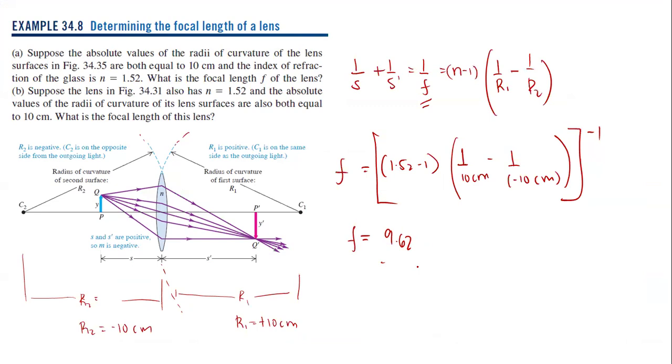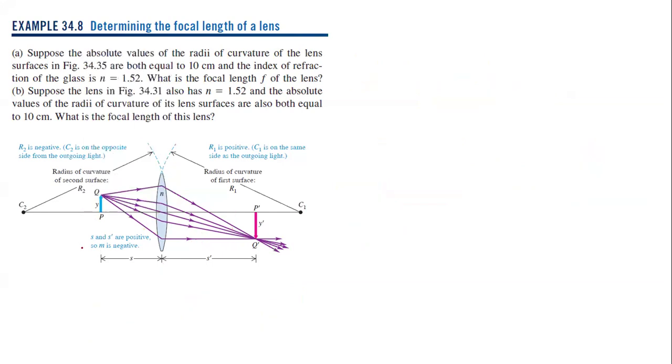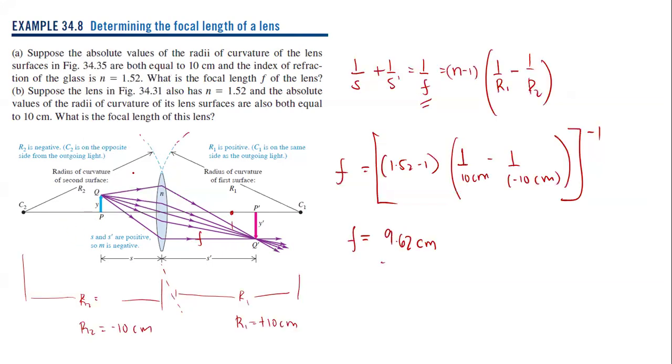F is equal to 9.62, or in two significant figures, this is just 9.6 centimeter. So the focus here, you can locate maybe at the center. So if we have the focus for this one, the F here is equal to the positive 9.62 centimeter.